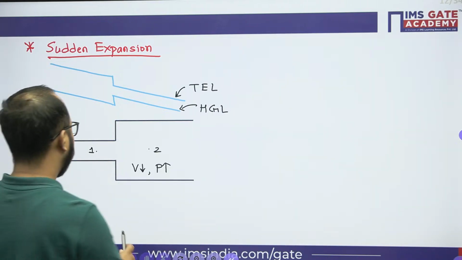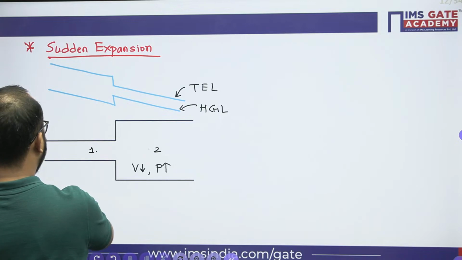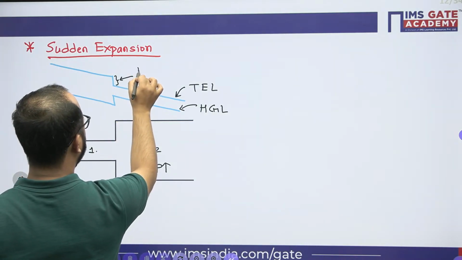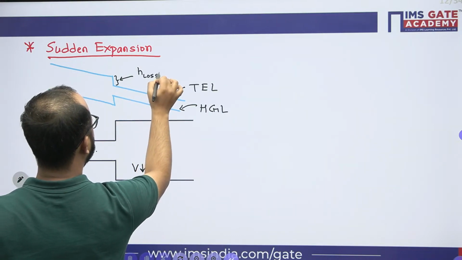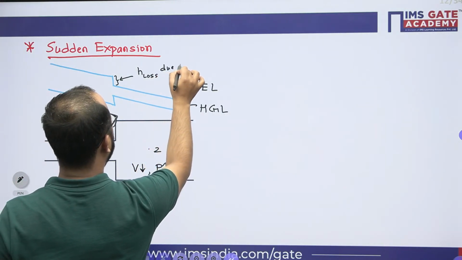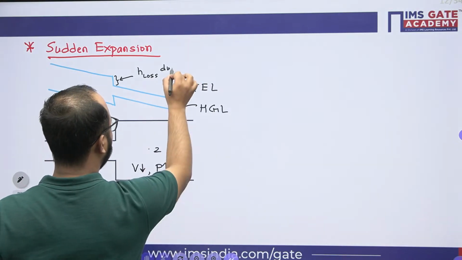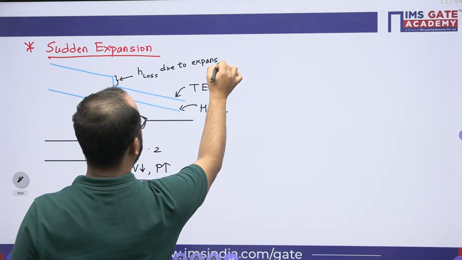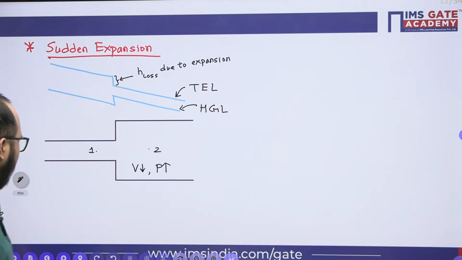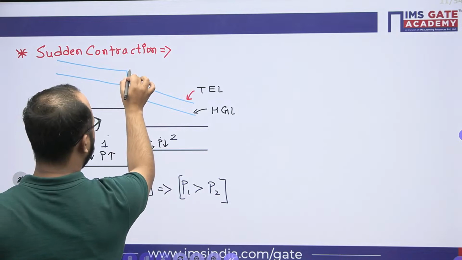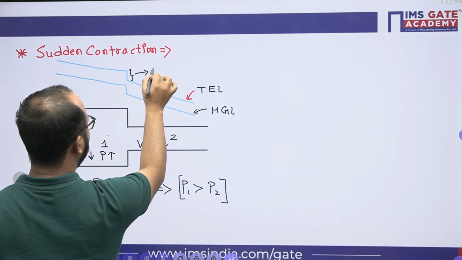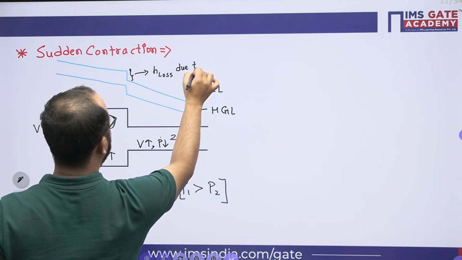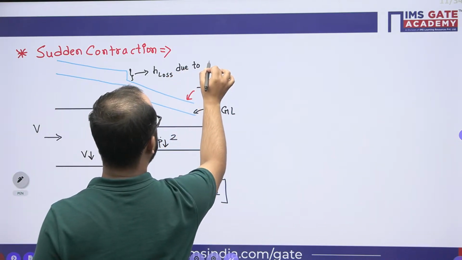Correct. Now, see what will happen. I will show you this thing here. This part will tell us H loss due to expansion, and previously this drop will tell you head loss due to contraction.